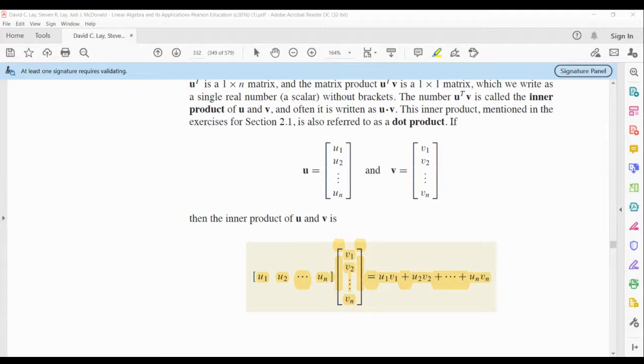Okay, so the first component of the first vector multiplies the first component of the second vector. The second component of the first vector multiplies the second component of the second vector, and so forth. And the dot product of vectors u and v would be u1 times v1 plus u2 times v2, all the way up to un times vn.